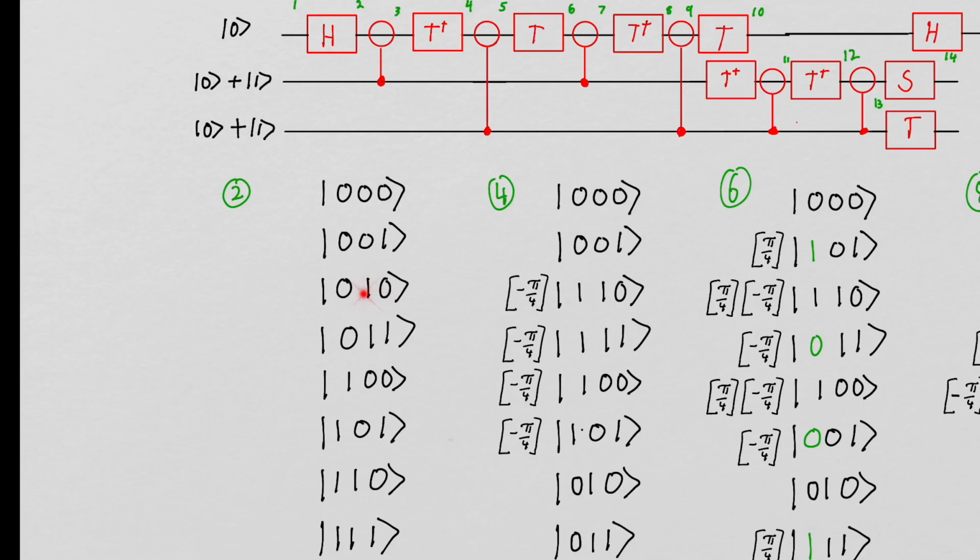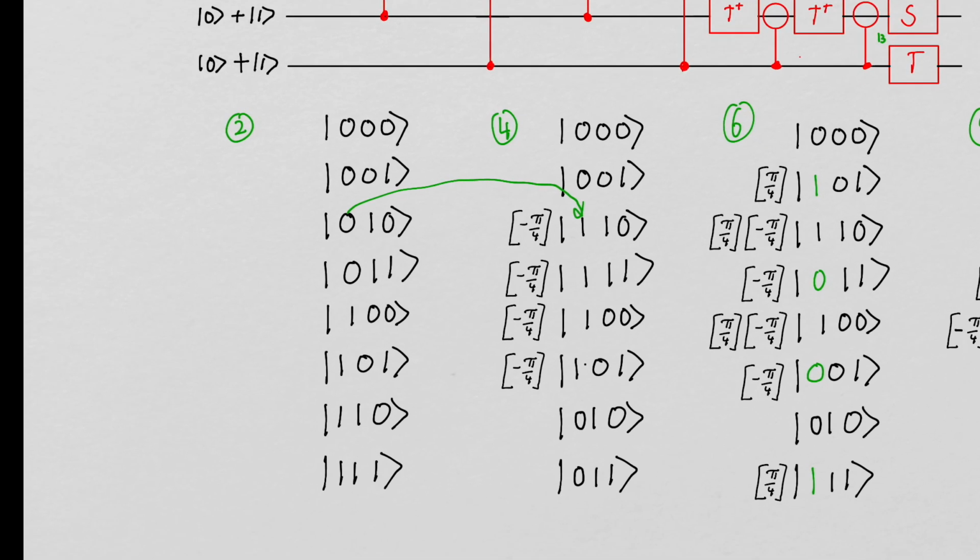Well, here bit number two is a one, so we are going to flip that bit, this zero to a one, and that's exactly what we do. And this one has a one, so we flip that zero to a one. This is a zero, so we leave it alone. This is a zero, we leave it alone. This was a one, so we flip this one to a zero. And this is a one, so we flip this one to a zero. So that is how the C naught works.